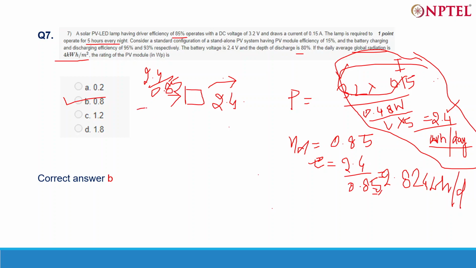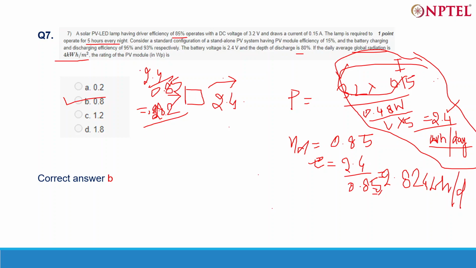This comes out to be around 2.82. Now this is the power which is the output from the battery, that has to be supplied by the battery.